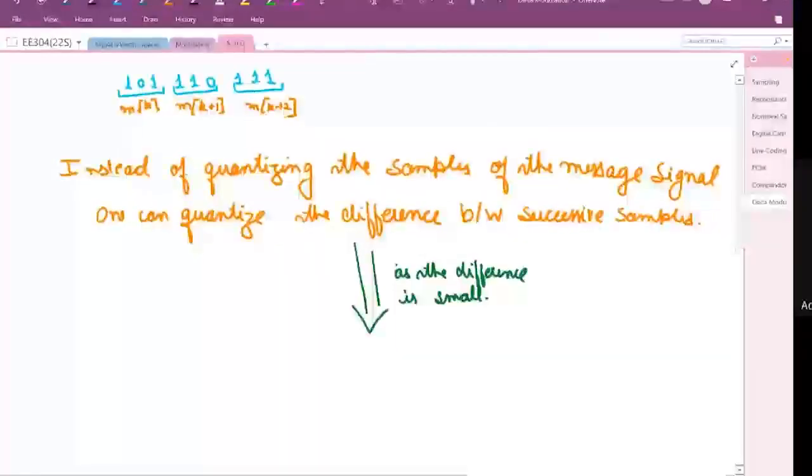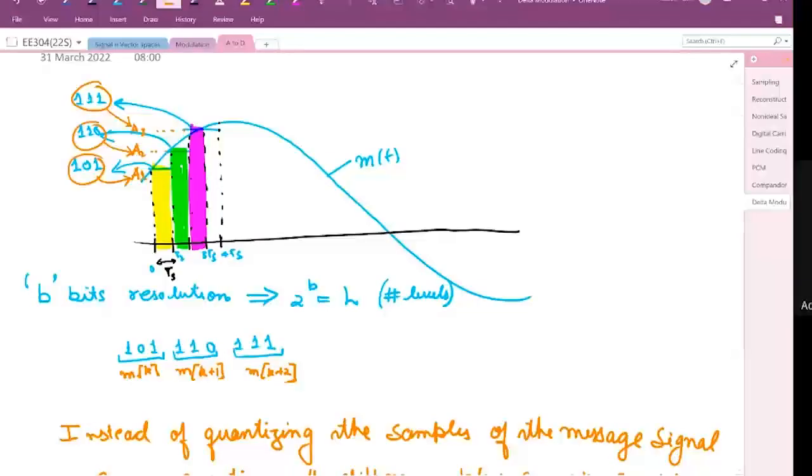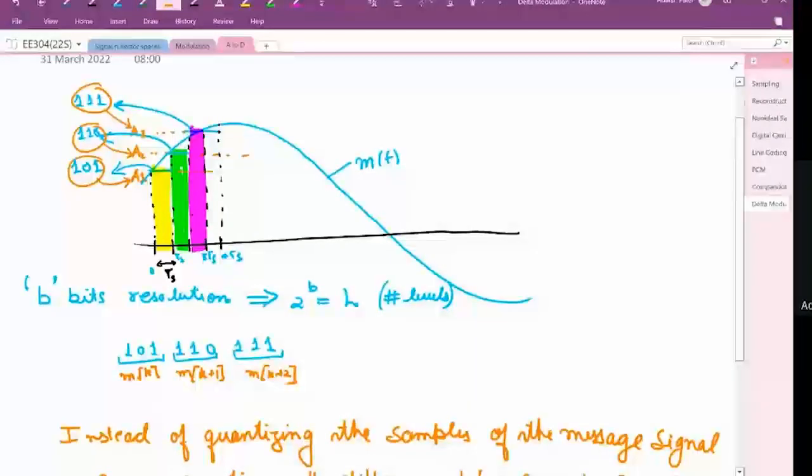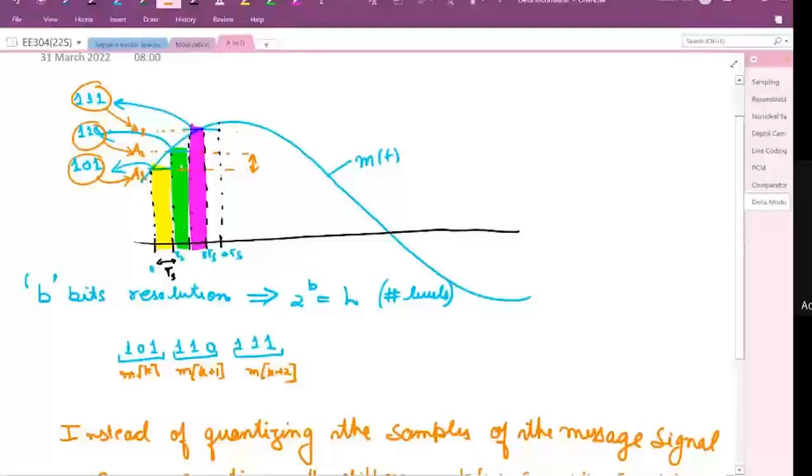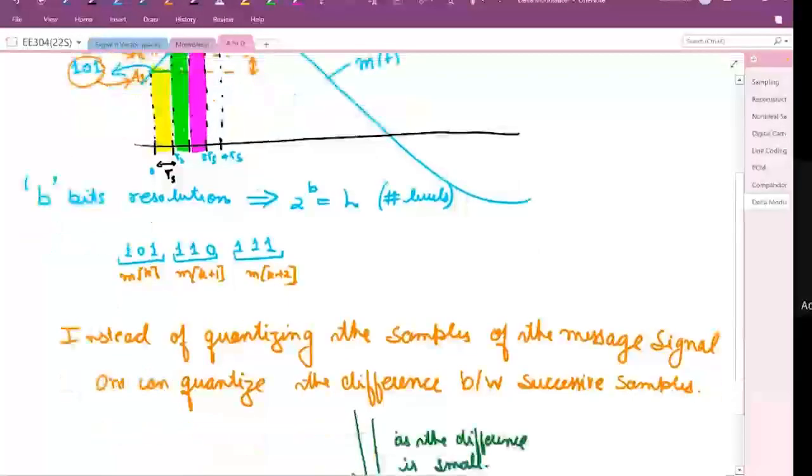By doing this, for the same resolution, that means the same number of levels, the dynamic range of the signal becomes smaller if we only have to encode these differences.